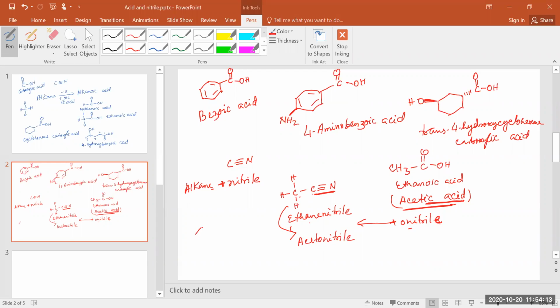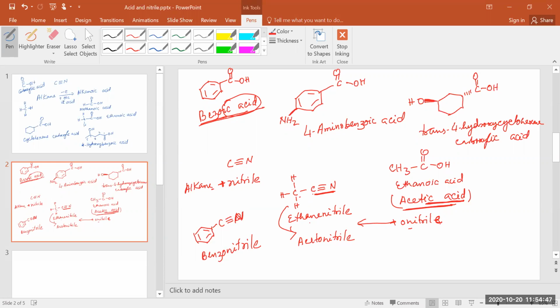Similarly, if you have like this one here, oh sorry, nitrogen. So here you say benzoic acid. Remove ic acid and add nitrile. So this will be called benzonitrile.